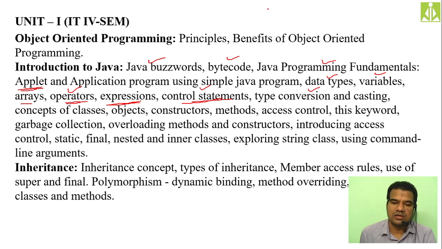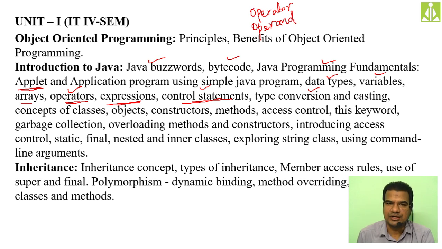The terms operator and operand are familiar to us. An operator is something which performs the operation, and an operand is something which receives the operation from the operator. We can say the operator performs its operations on the operand.